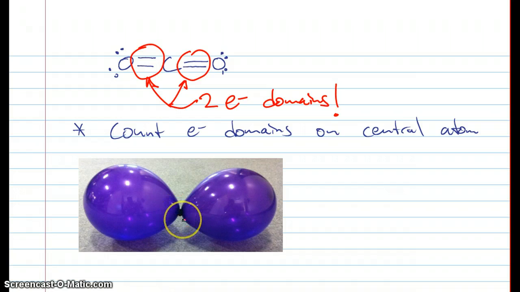So here's a picture of our 2 electron domains. Our central atom, the carbon, will be right there. And then we'll have an oxygen here and an oxygen here. And as you can see, we get a linear molecule.